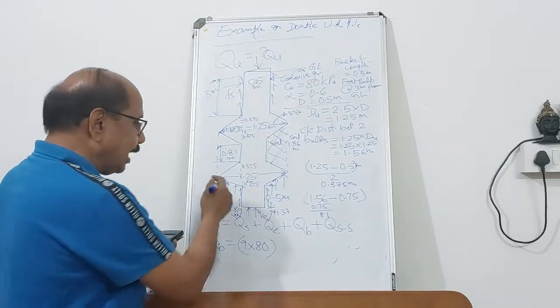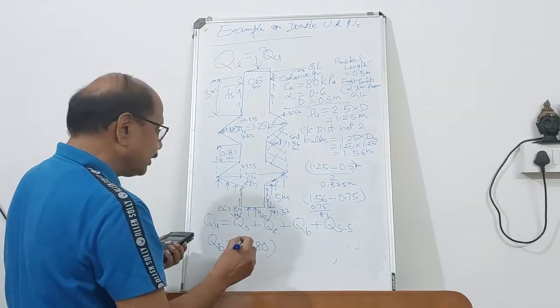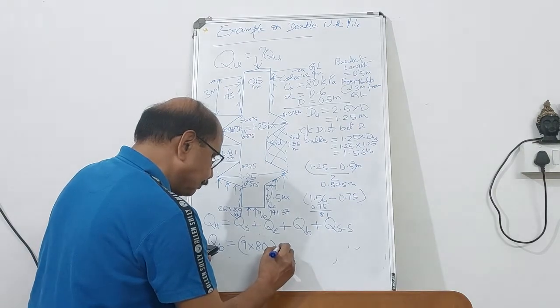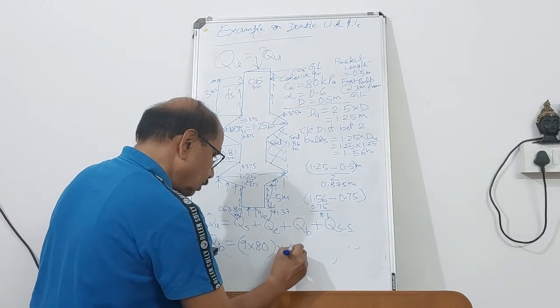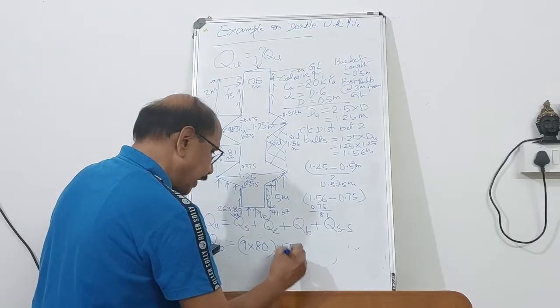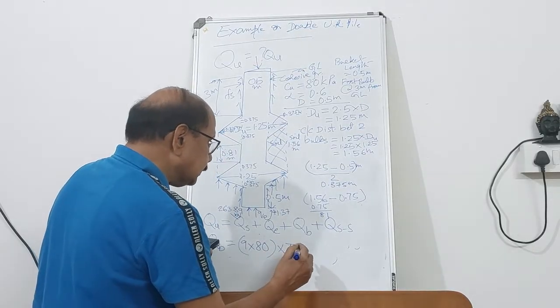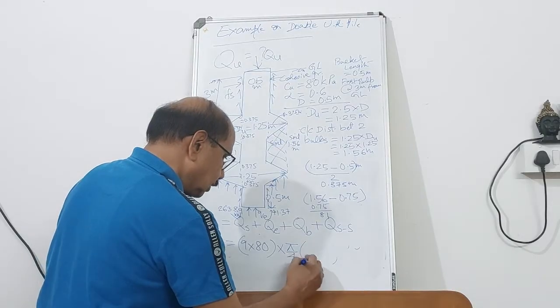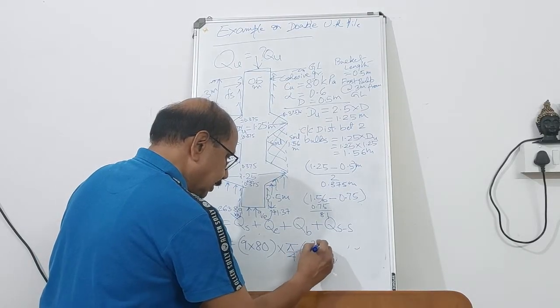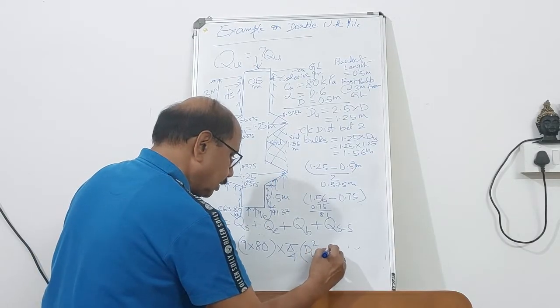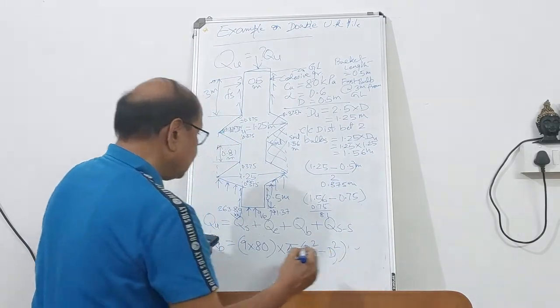Remember the theory, I have already explained all these things in the theory part, multiplied by area, that is pi by 4, and this will be du square, diameter of the under-ream, minus ds square.